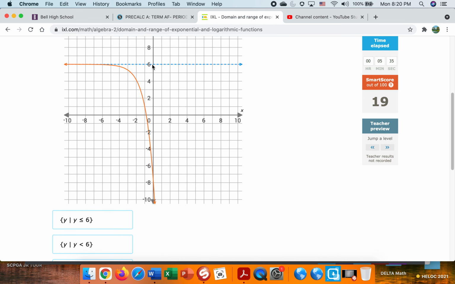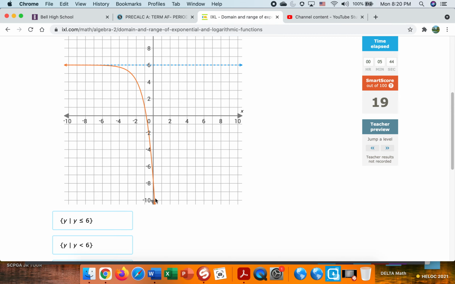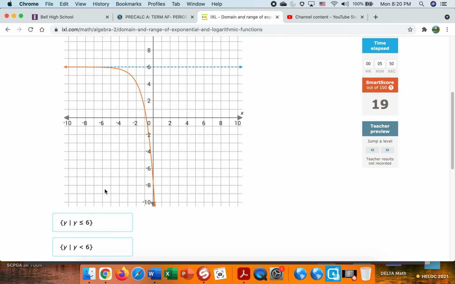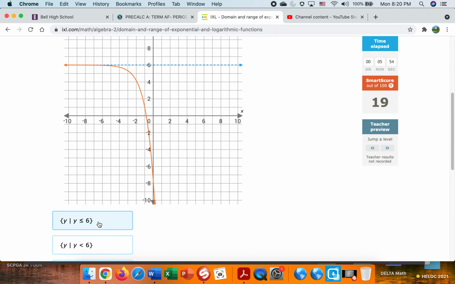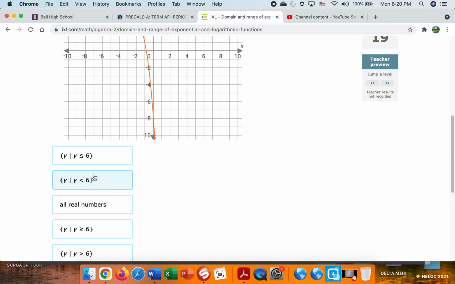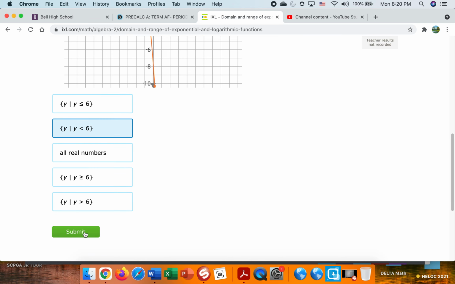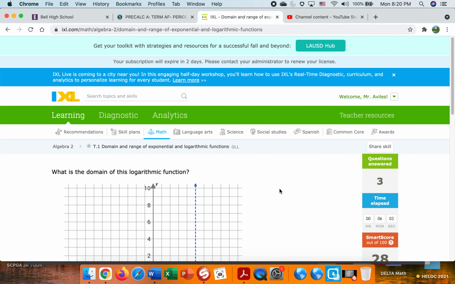Anything less than 6 are the values of y that we can use on the range. This one says less than or equal to 6. No, it can't include the 6. It has to be this one. So I will submit it, and there it is.